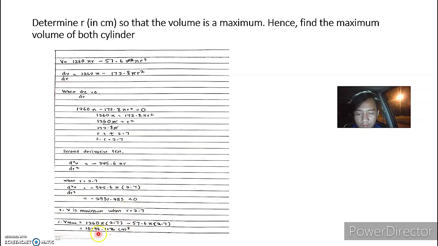The volume is maximum when r equals 2.7. Hence, the maximum volume is 1260 pi times 2.7 minus 57.6 pi times 2.7 cubed, which equals 10,199.1176 cm cube. Okay, that's all from me for the solution and the problem.